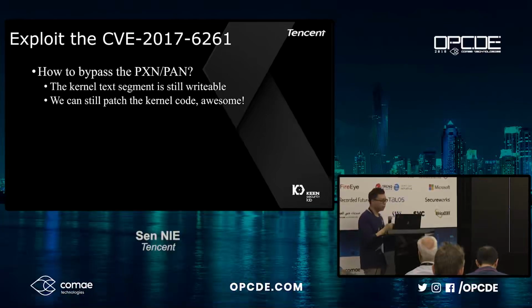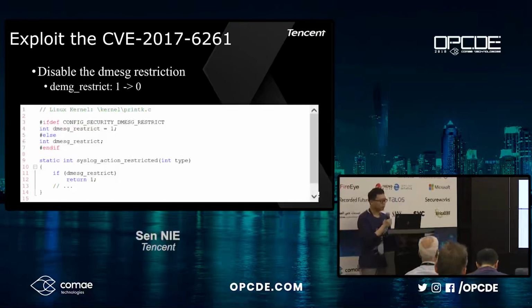It means that we can use a typical Linux kernel exploit trick, like patching the kernel first and modifying the logic of the setresuid function to easily call setresuid with argument 0 to get root. So it seems this mitigation is useless in the new kernel. And here we'll talk about how to disable the dmesg restriction.